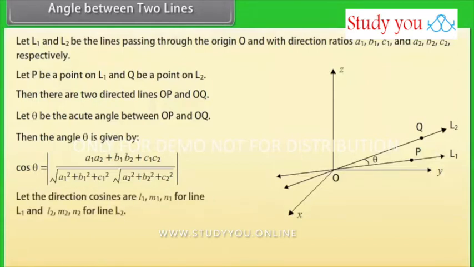Let the direction cosines be l1, m1, n1 for the line L1 and l2, m2, n2 for the line L2. Then the angle theta is given by cos theta equals modulus of (l1l2 plus m1m2 plus n1n2).